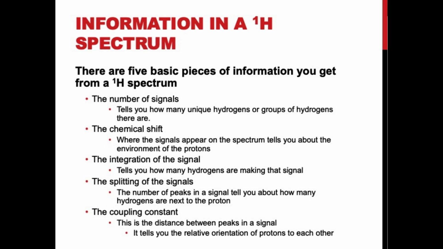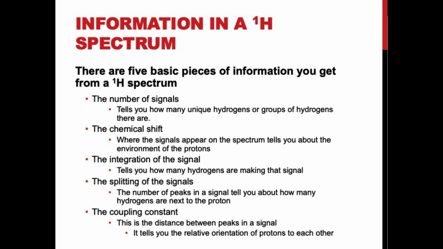The second is the chemical shift. The chemical shift, that is where on the spectra, where on the scale these signals appear. And where these signals appear on that scale, their chemical shift, that tells you the environment that the hydrogen is in. What functional groups, what structures are around that hydrogen.